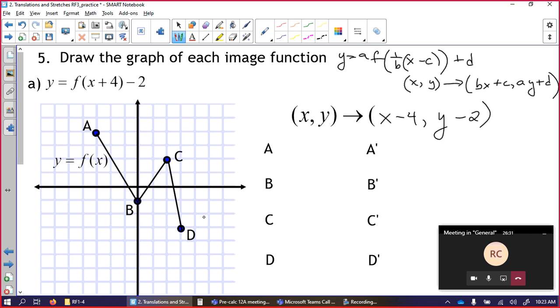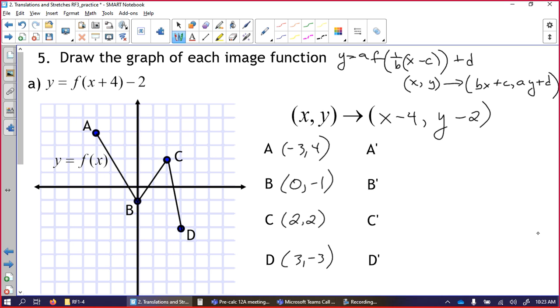So we need to identify coordinates: negative 3 and 4, 0 and negative 1, 2 and 2, and 3 and negative 3. So the first part, write a mapping rule, which is kind of the new bit. Well, identify ordered pairs. I hope you can do that because remember, we're doing this all in terms of x and y.